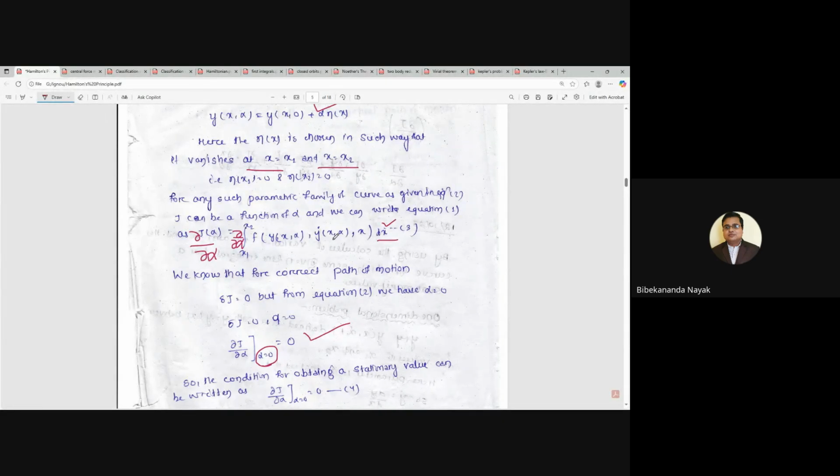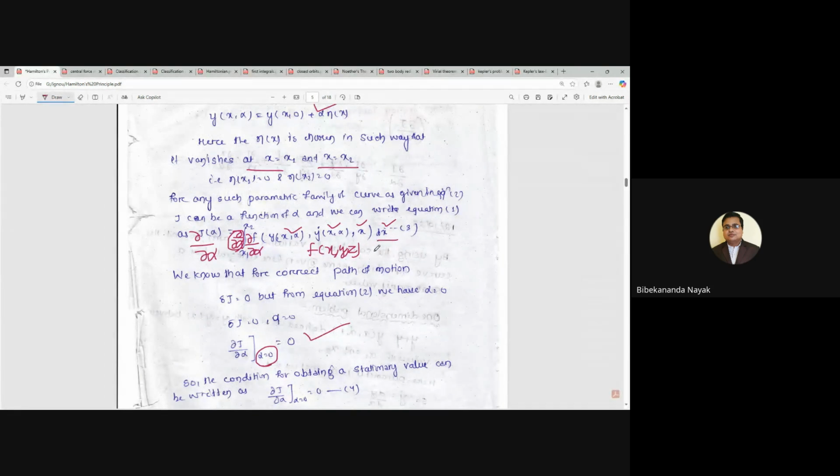X and alpha are two independent parameters. So it is the same result if we first take the derivative with respect to alpha, then take the integration, or first take the integration, then take its derivative. That means this is the same as if I take inside this integration del f by del alpha. But f is a function of y, y dot, x. You know if f is a function of x, y, z, then del f by del t means del x by del t.